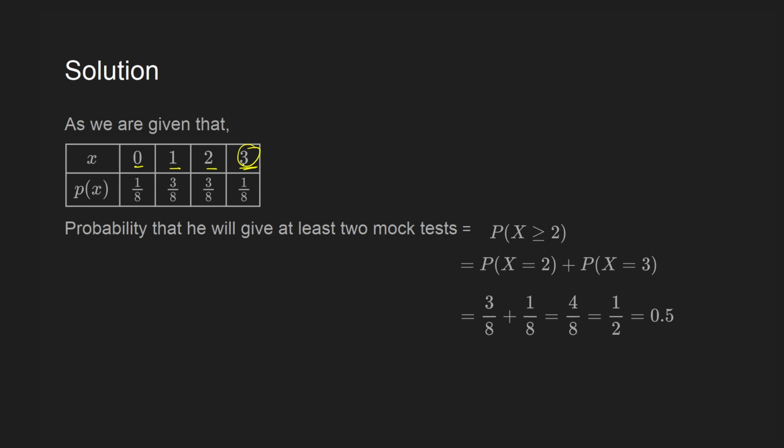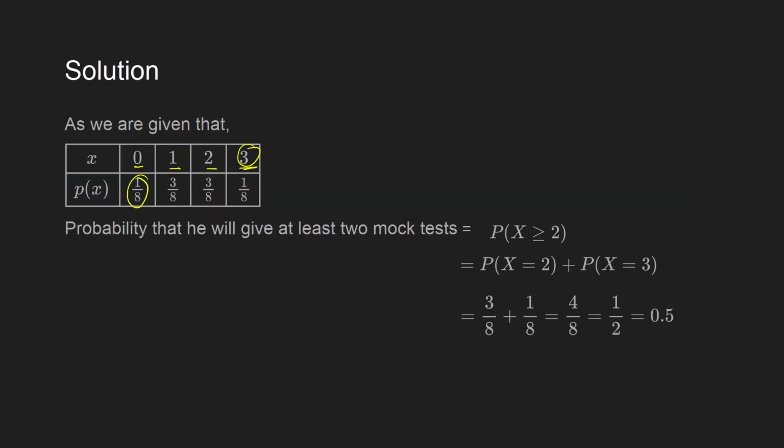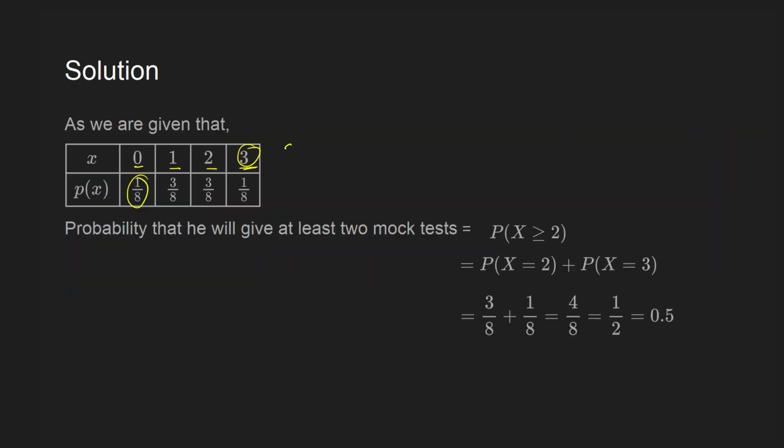And their probabilities are also given. If he will not give any mock test, which is x is equal to 0, this probability is 1 by 8. And when he will give 1, 2 and 3 mock tests, it is 3 by 8, 3 by 8 and 1 by 8. So this will be the probability mass function for the random variable x.